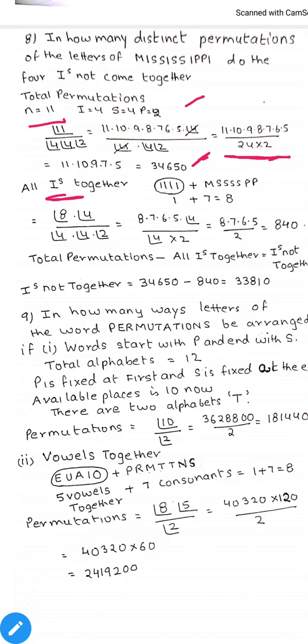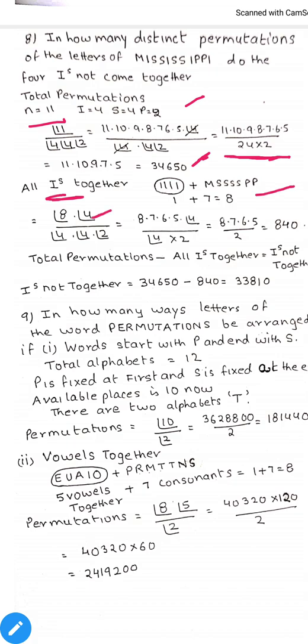Now we consider the cases where all the I's are together. How do we get this? We consider all I's together as one unit, plus MSSSSPP. Now you can see these I's are together, so they are considered as one unit. 1 and 7 without I's, that is 1 plus 7 is 8, and factorial 8.